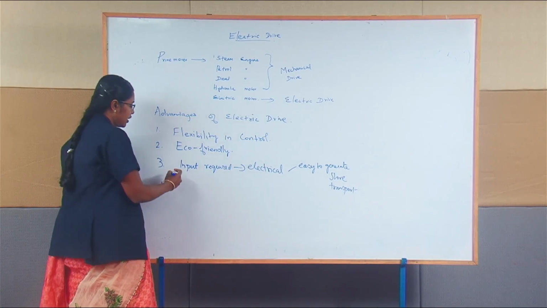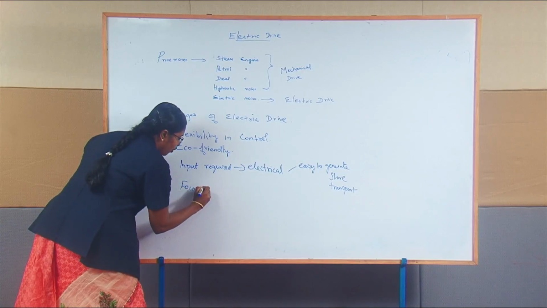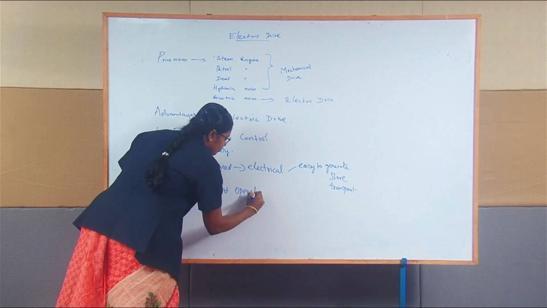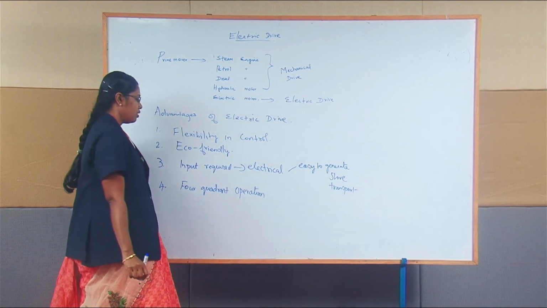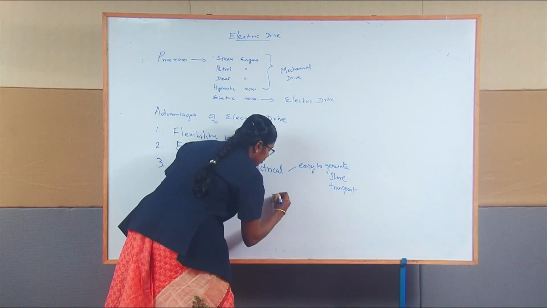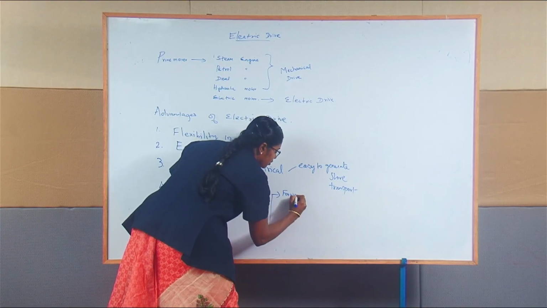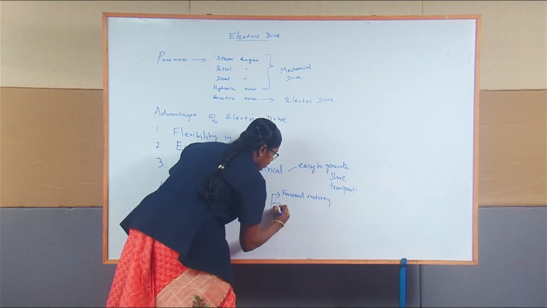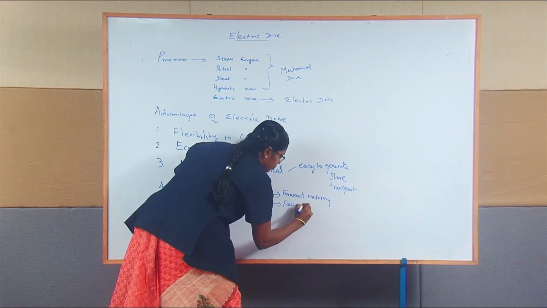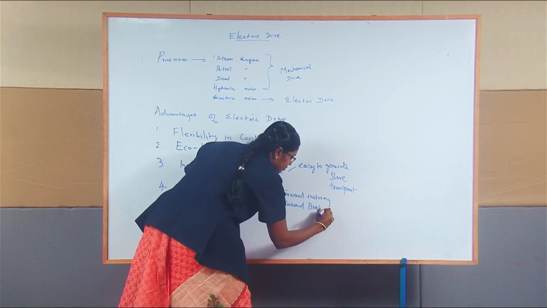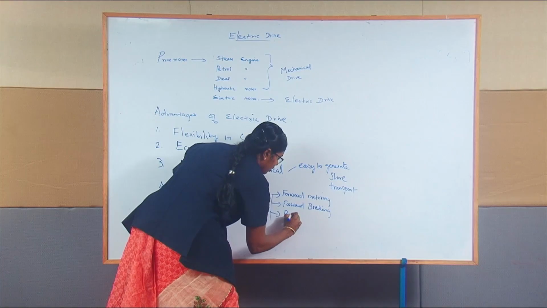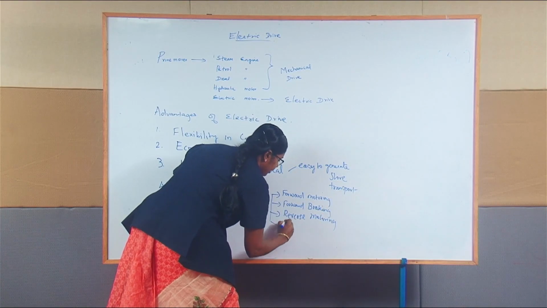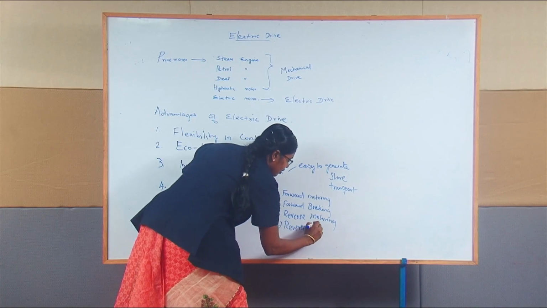Following that, it can also provide all four-quadrant operation. The four-quadrant operations are forward motoring, forward braking, reverse motoring, and reverse braking.